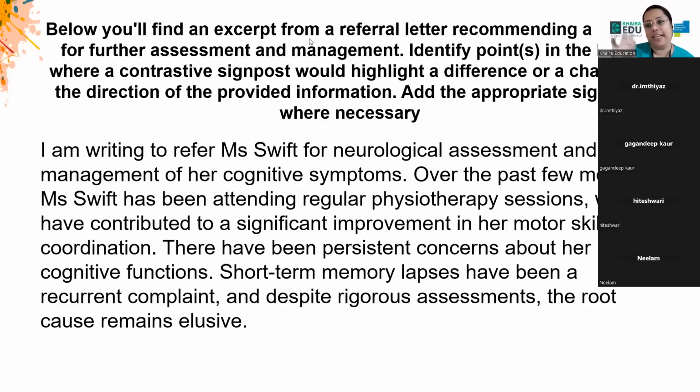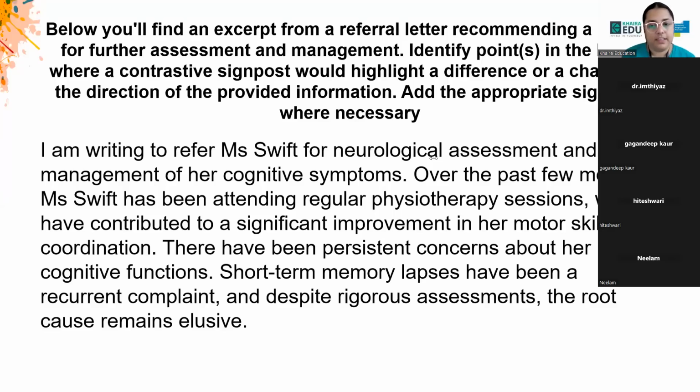Find out something where there is positive and then from there something negative begins. Yeah, despite already is a conjunction that's used in order to show a contrast. Apart from it, if you can find anything else, there, very good, Pooja. Short term, okay. There, Triveni. Gurjot says there, okay. Neha says short term, okay.